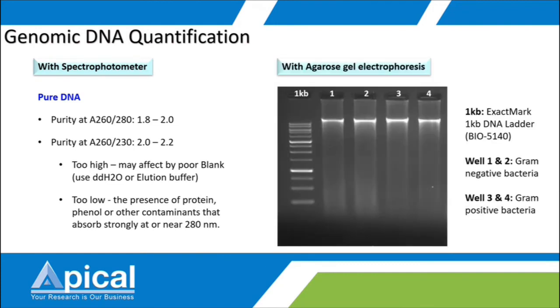Then you should run a gel to check your gDNA. There will be some smear, but as long as you can observe a high molecular weight band, it is good. It means your extracted gDNA is good.